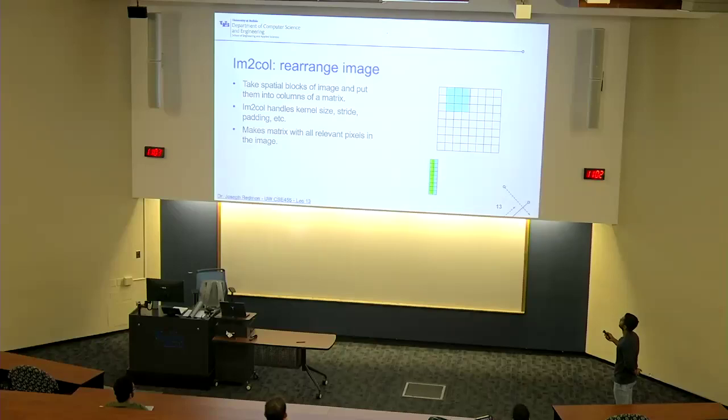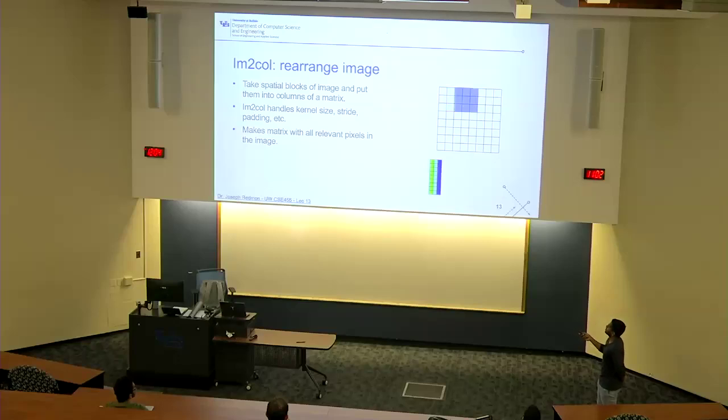You take whatever region a convolutional filter would be applied to and just convert that to a column vector, and stack all of them together. So what you have once you stack all of them together is vectors corresponding to the region that each convolution step would be applied to.